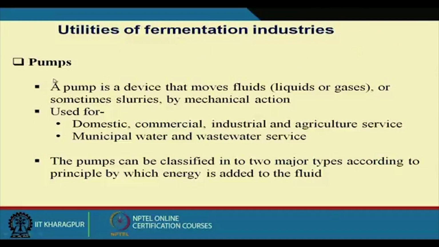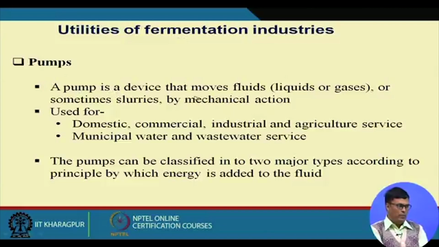This is very important. Let me give you some idea of what the utilities of the fermentation industries are. We have different pumps. A pump is a device that moves fluid, liquid or gas, sometimes slurries, by mechanical action. We use them for domestic, commercial, industrial and agricultural service, and municipal water and wastewater service.